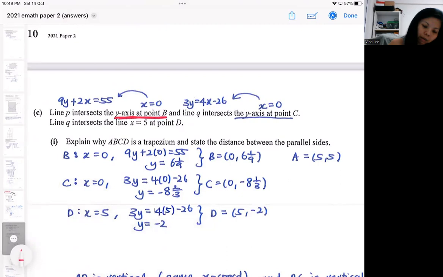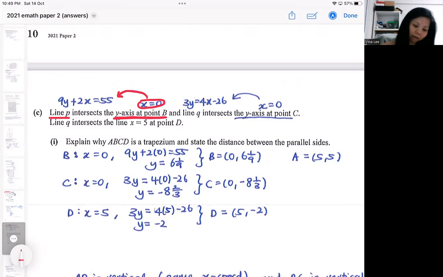B is the y-intercept of line P. So if I want to get the coordinate of B, I should insert x equal to 0 into the equation.